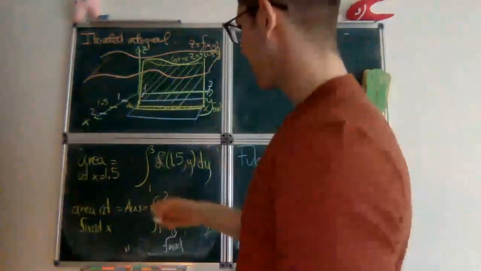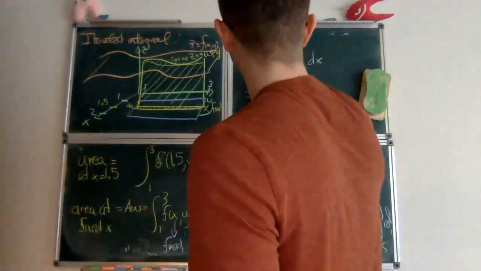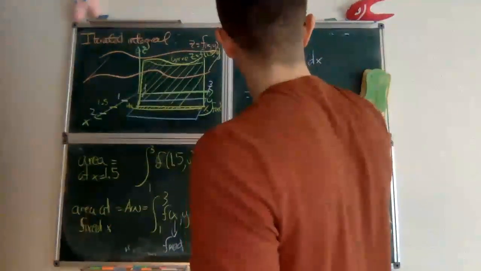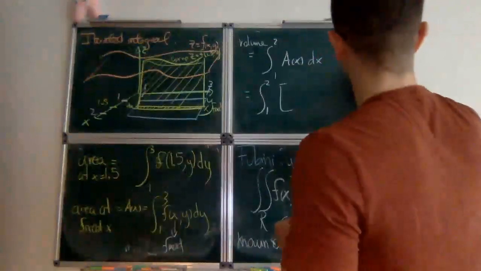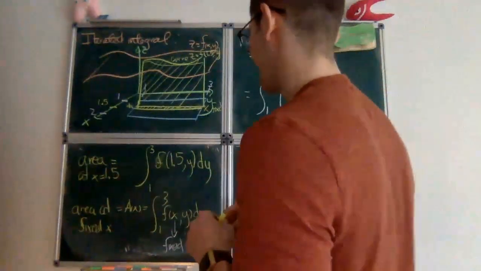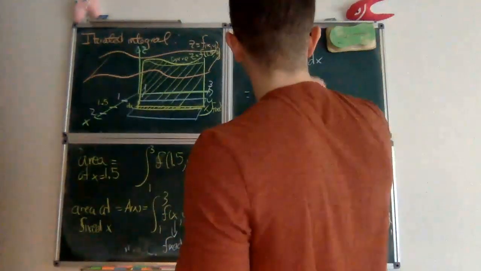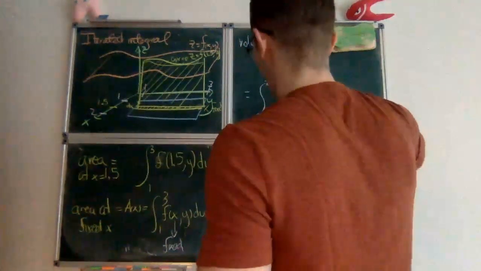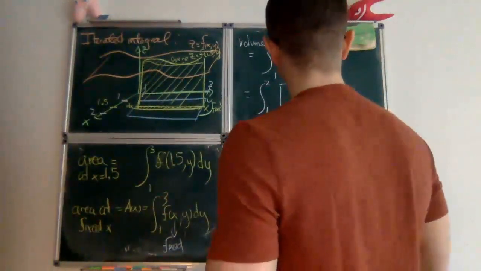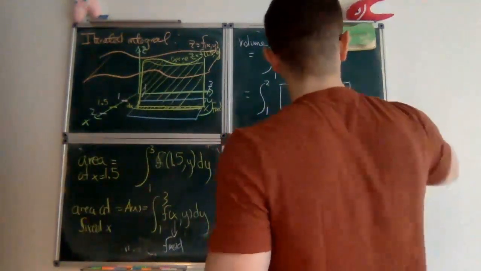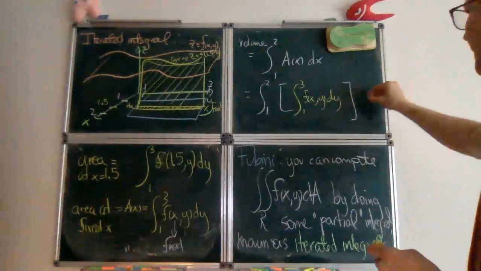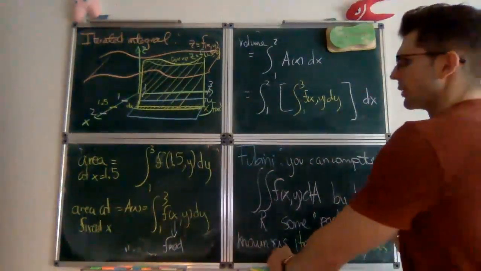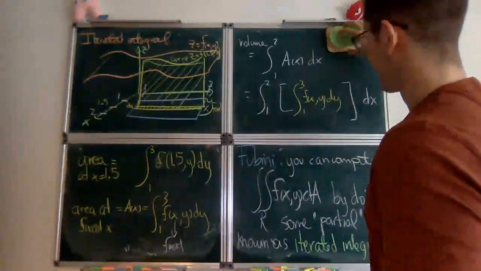But if you plug in what a of x is supposed to be, you get the integral from 1 to 2 of a of x. But a of x is just the integral from 1 to 3 of f of x comma y dy. Okay? So this is one approach for computing the volume.